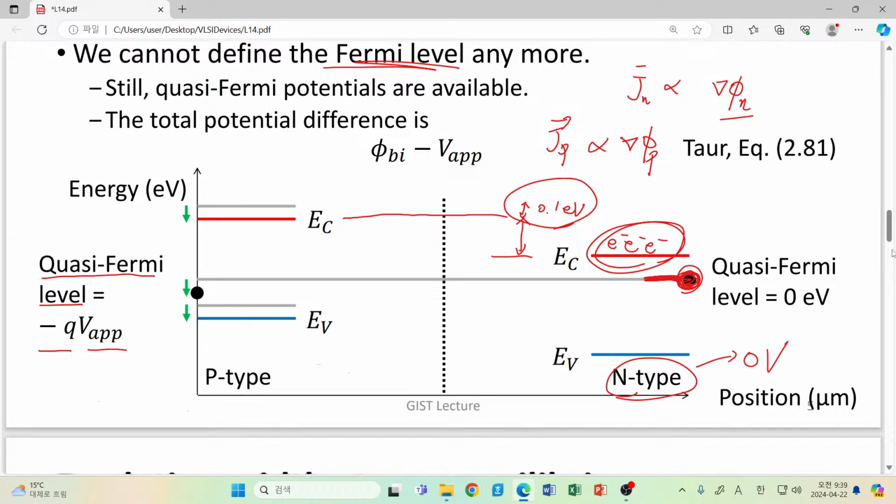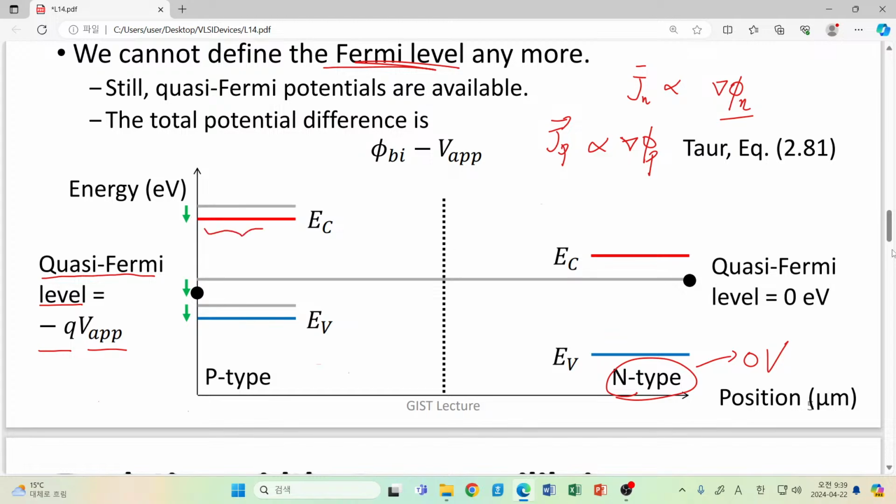My final comments on this diagram still remain. You can see that I have drawn this conduction band and valence band diagram up to some point deep into this substrate. Maybe somewhere here we have the starting point of our depletion layer.